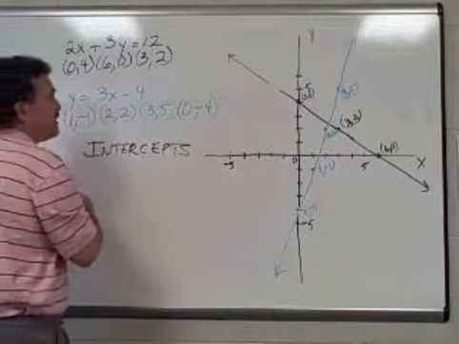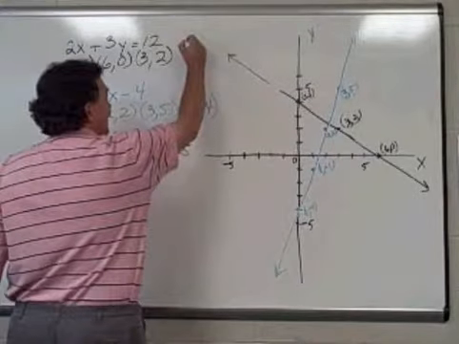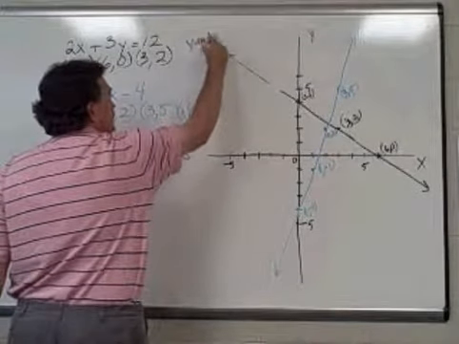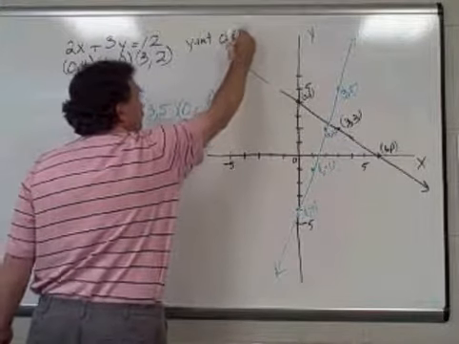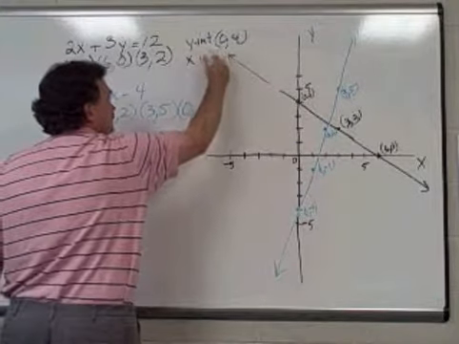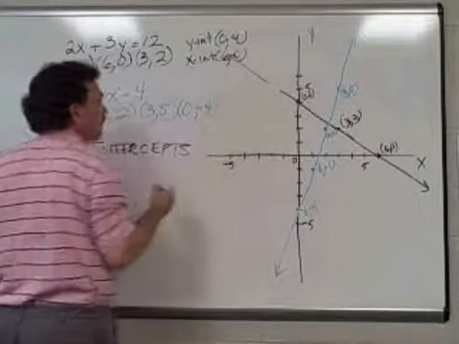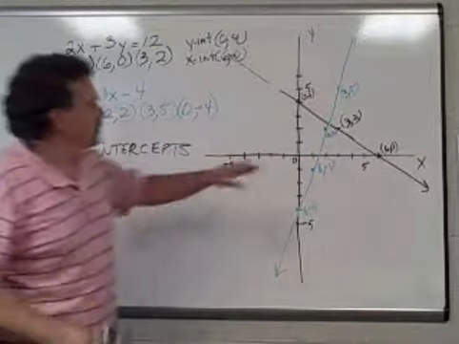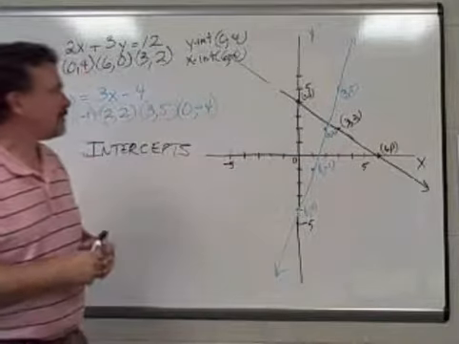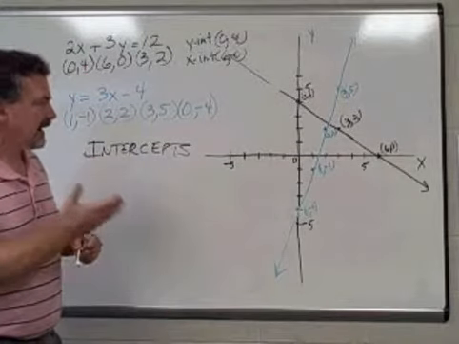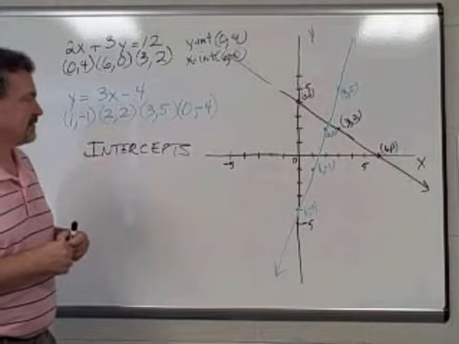So for this equation, the y-intercept would be the point 0,4, and the x-intercept would be the point 6,0. Those are the points where the line crosses the x and y axes.